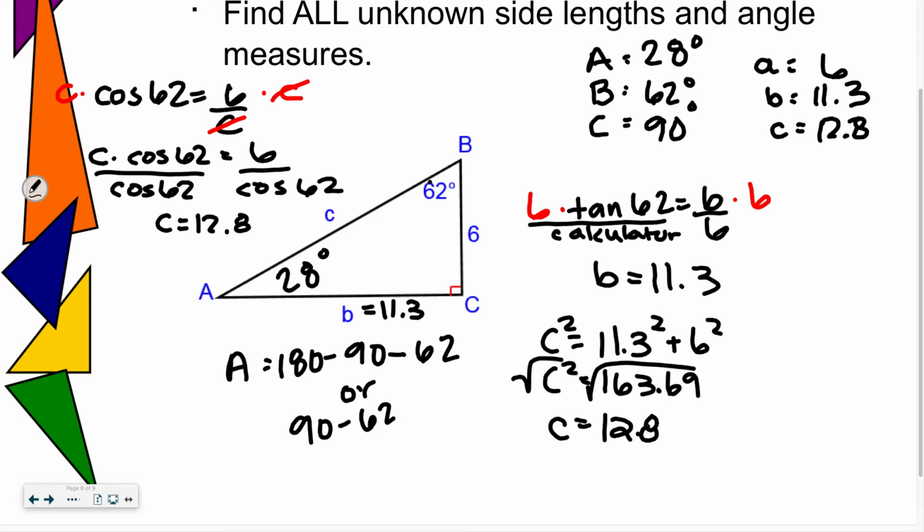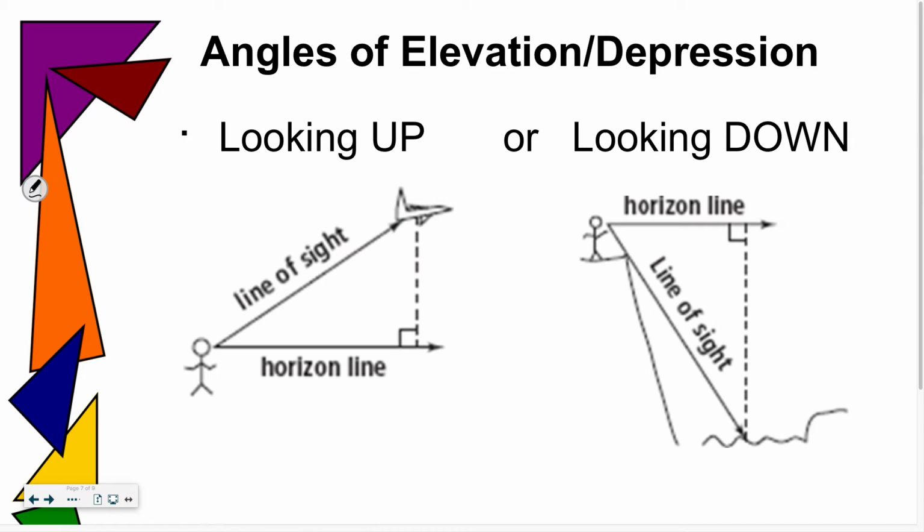Okay, the last thing that we need to discuss just really quickly, and you can decide if you want to write something down, is angles of elevation or depression. I'm really just showing this slide because I want you to be okay with this, but I don't know that you necessarily have to write all of this down. Angles of elevation are looking up, I always think, and angles of depression are when you're looking down.